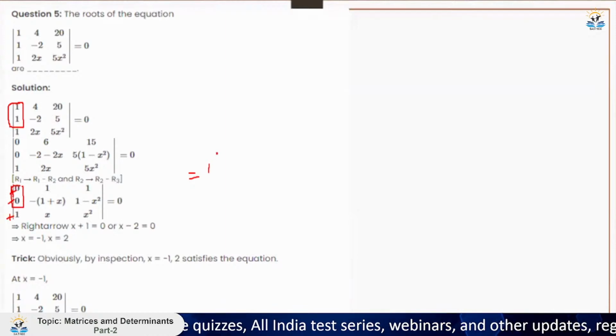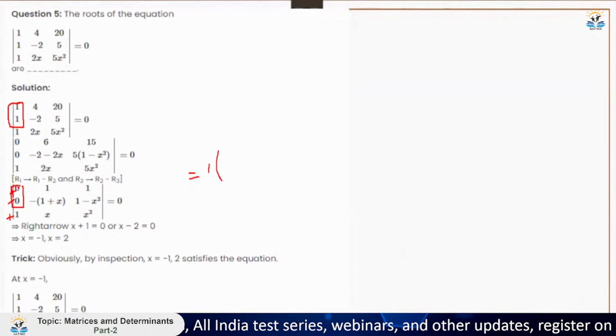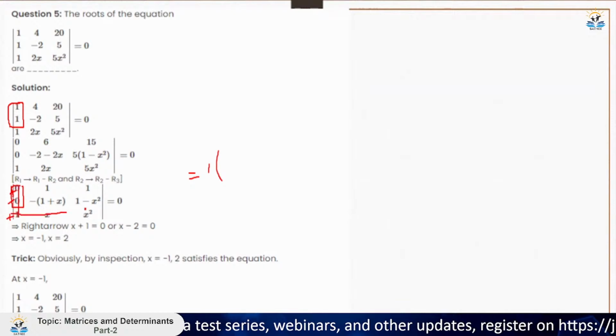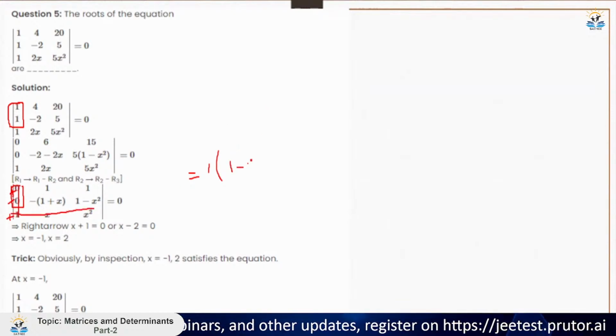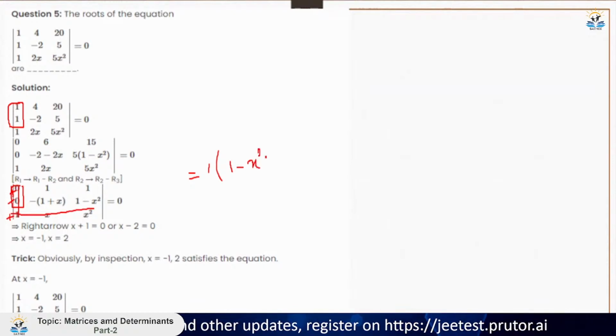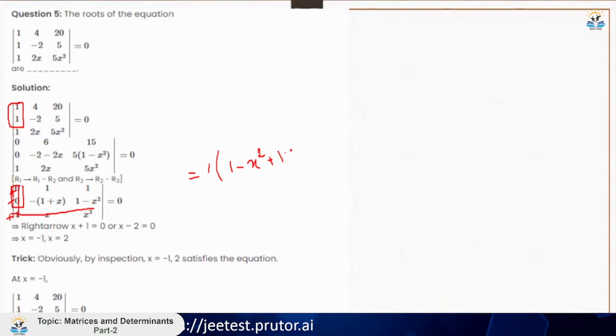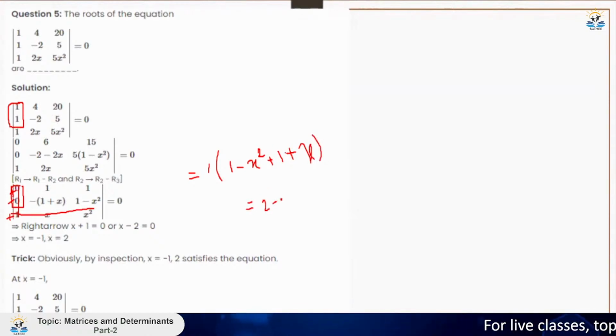So it would be 1 times, neglect this row and neglect this column, and what will be left is 1 minus x square minus this thing, which is minus of minus times 1 plus x. So it would be plus 1 plus x. So at the end, what are we getting? We are getting 2 minus x square plus x equal to 0.